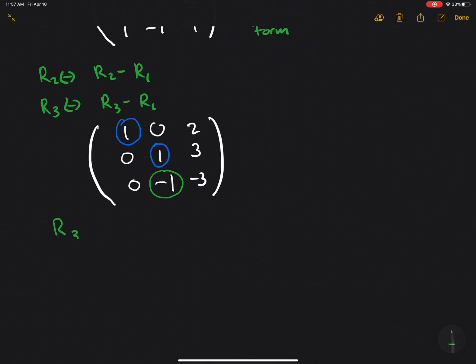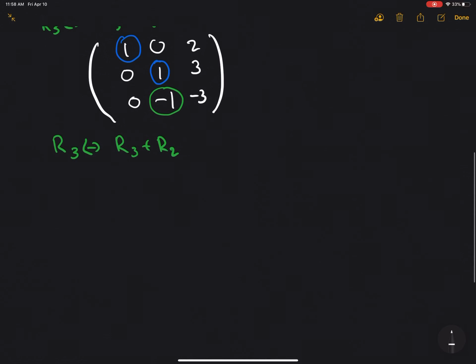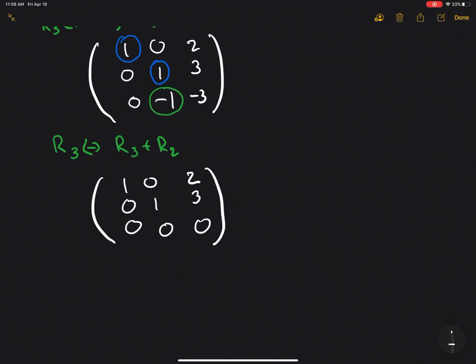So we can replace the third row by the third row plus the second row. And that will help me clear those things out. So if we do that, the first row will stay the same, the second row will stay the same, and then the third row would be actually just zeros. It will be 0, 0, 0. And this is already the reduced echelon form.